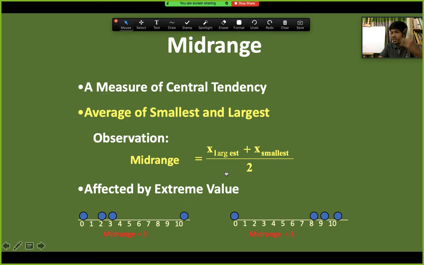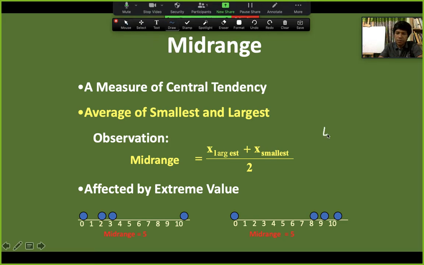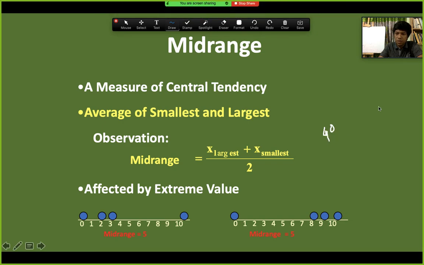As in our previous example, if there are outliers like 40 and 300k, the average will come closer to 300 and pull the whole average to its side, because this is an extremely huge number. So it will be affected by extreme values, because we take the average here. Largest plus smallest, divided by 2, gives the mid-range.